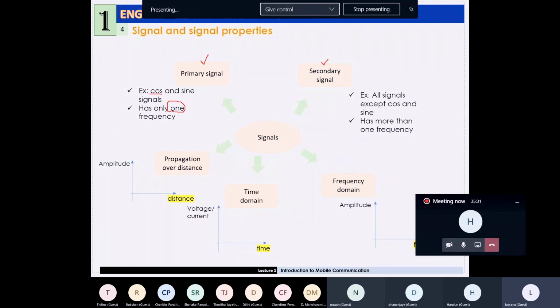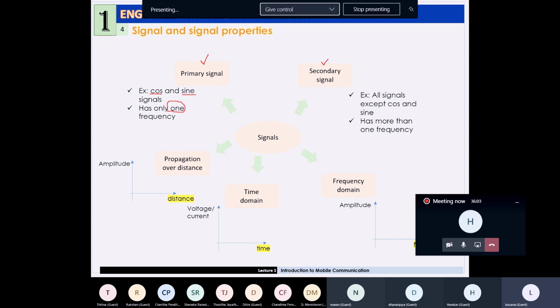You can see it in the next slide, but for the time being, probably you know what cosine means. And maybe in my future slides, you may see what cos and sine mean, I mean, from signal shape point of view. Therefore, in brief, primary means a signal that has only one frequency component. Sometimes we call this signal a fundamental signal. Primary means fundamental.